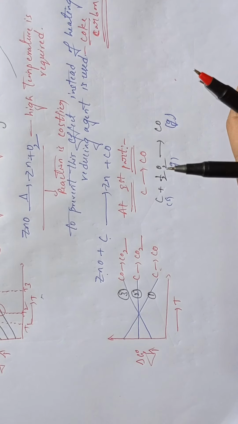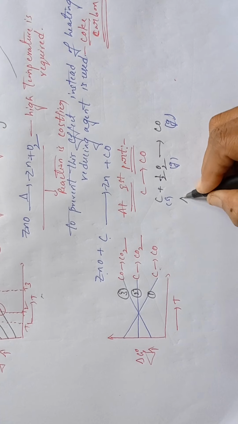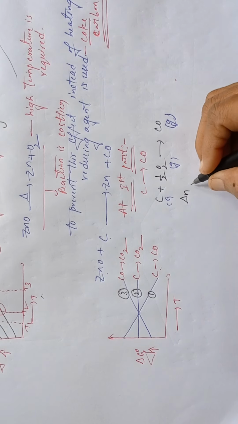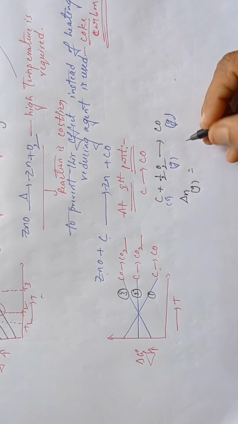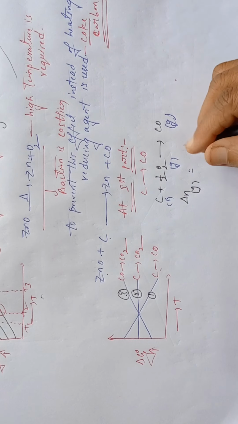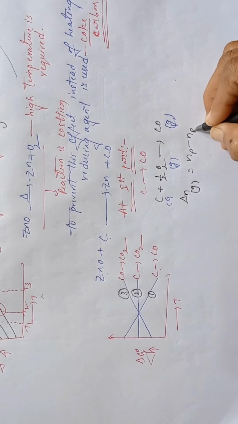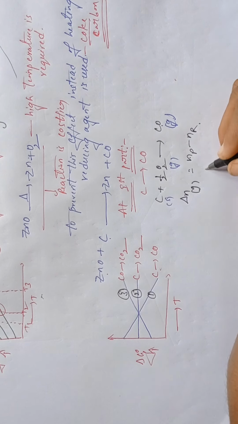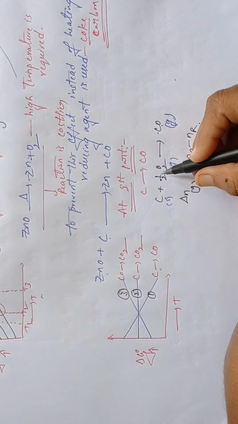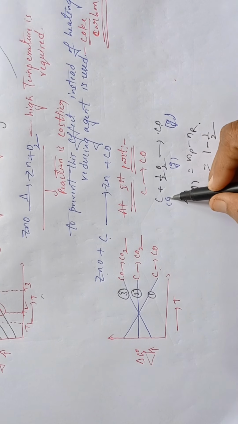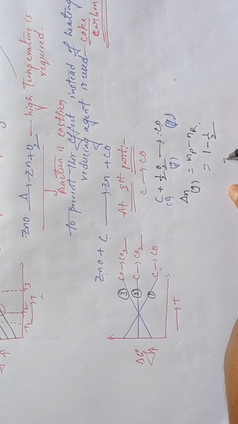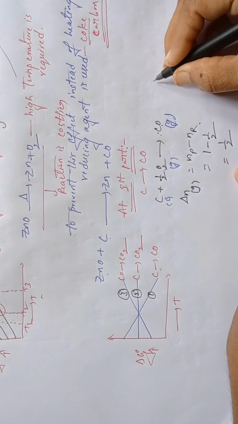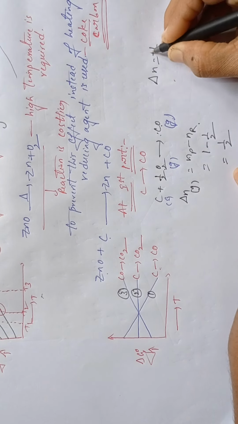So just calculate delta N, that is the change in the number of moles of gases: the number of moles of products minus the number of moles of reactants. How many moles of products? 1 minus 1 by 2, since carbon is solid. So you get 1 by 2. That means delta N value is plus 1 by 2.